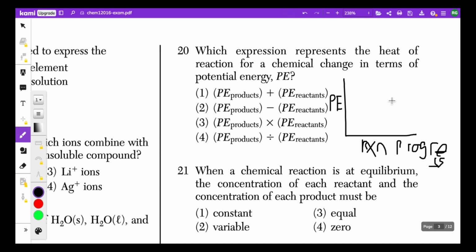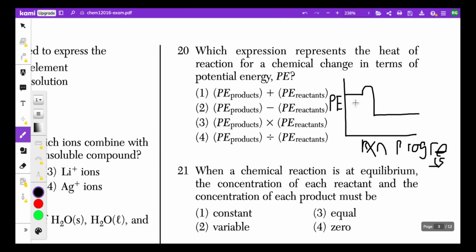You can measure the potential energy throughout the whole reaction, and you can set up this graph for it. Now, this diagram is going to look something like this, depending on whether it's releasing heat or absorbing heat. This is an example of a reaction where you're losing potential energy, okay?